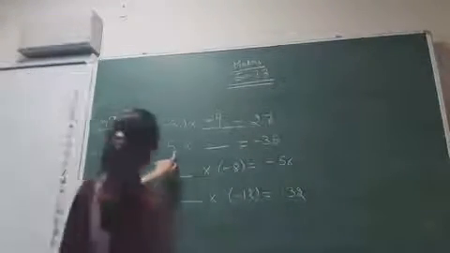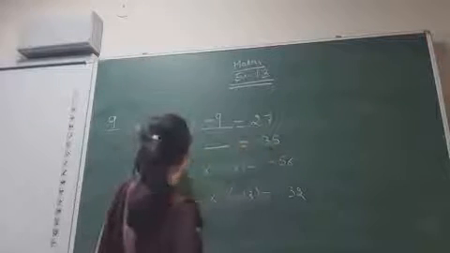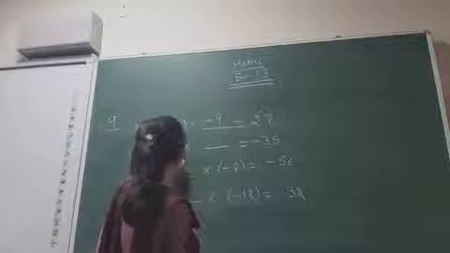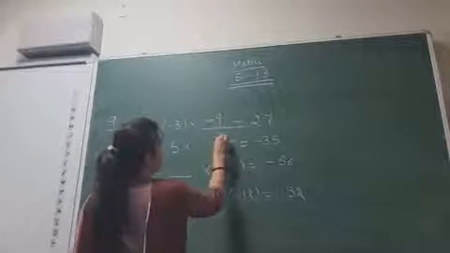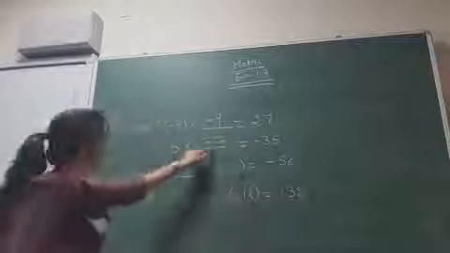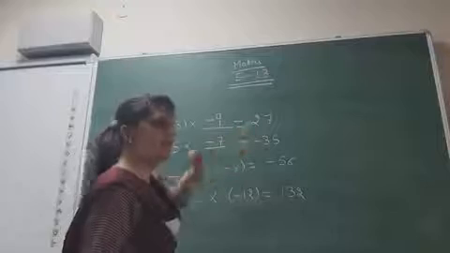Now B, 5 multiply blank is equal to minus 35. We will divide minus 35 by 5. So we will get the answer minus 7. 7 multiply 5 is 35.